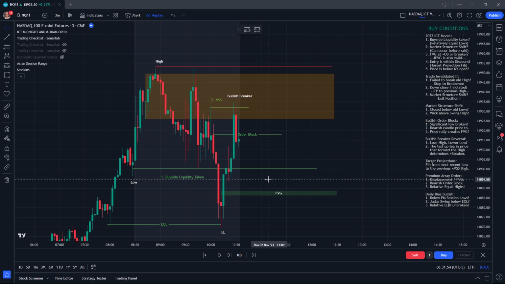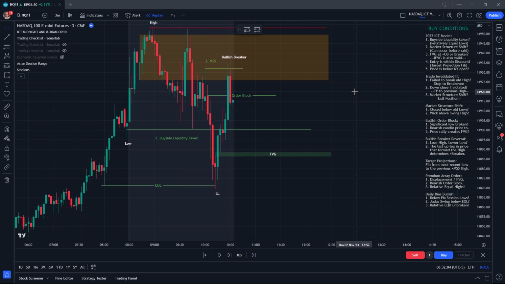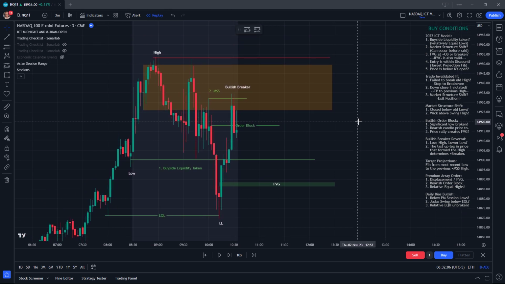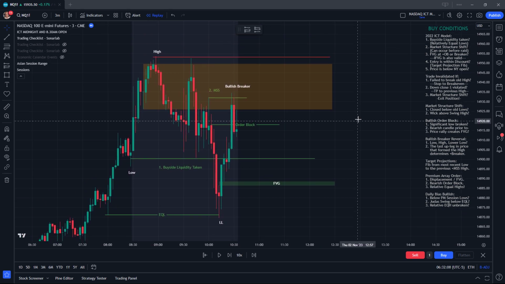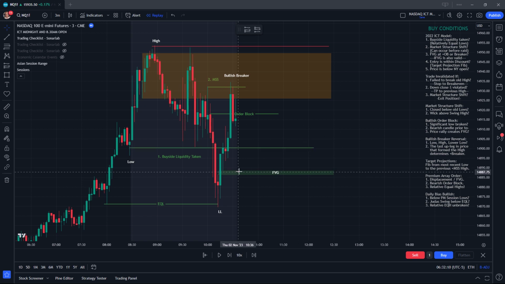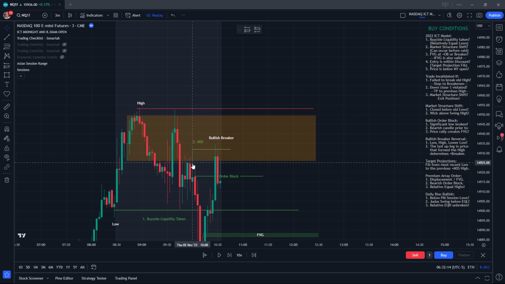And so now we're not actually going to enter the trade because I'm just not really feeling it, to be honest. It hasn't met all of the conditions here, and I've been in this situation loads of times where I enter it when I'm not sure. So we're just going to sit on the sidelines now, and we're just going to see if price does come to this fair value gap.